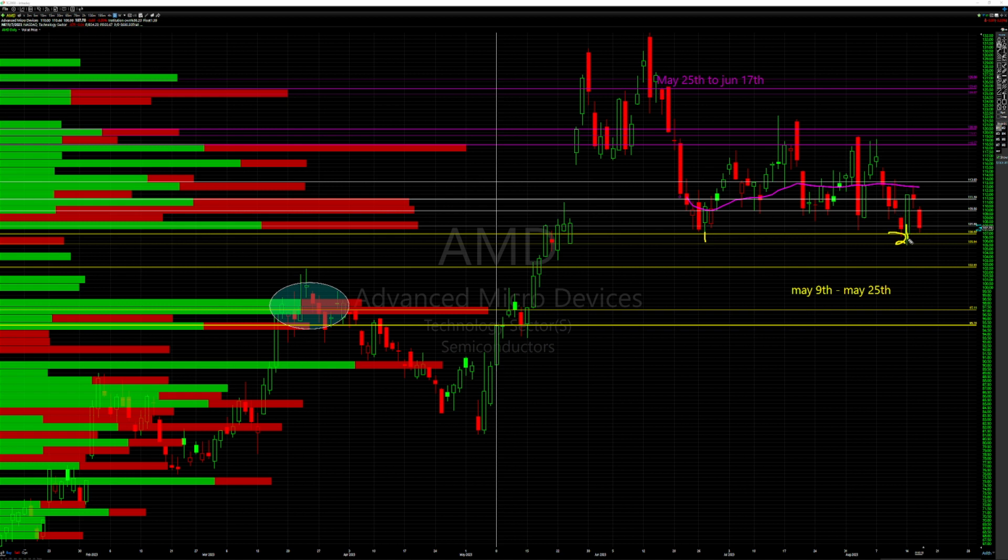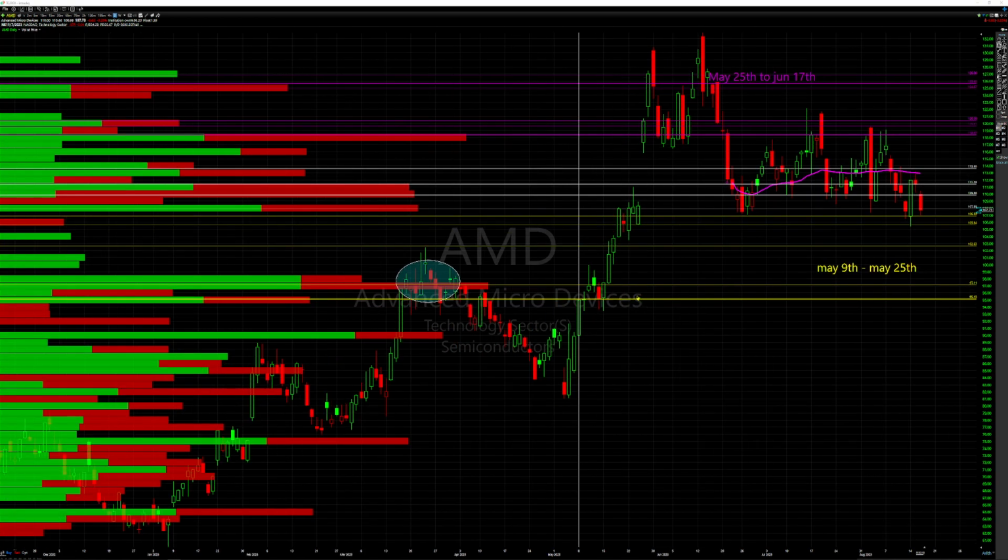But if we keep rolling over like this, these people are going to break. It's just going to be too heavy. And then we'll probably break down and we'll get a little bounce off 102. Maybe that brings a retest, and then I think it rolls back down to 100 and then possibly down to 97. So that's what it looks like on AMD for me.